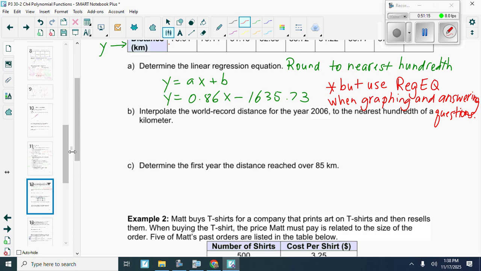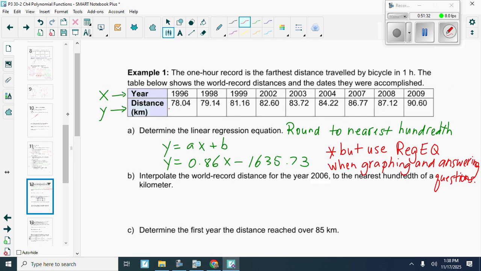You can remind me what interpolate means, where am I looking for data? Within the graph. So do I need to change my window settings? No, because I should be able to see whatever they're asking. Interpolate the world record distance for the year 2006. If you look up here, there's a gap, 2004 to 2007.